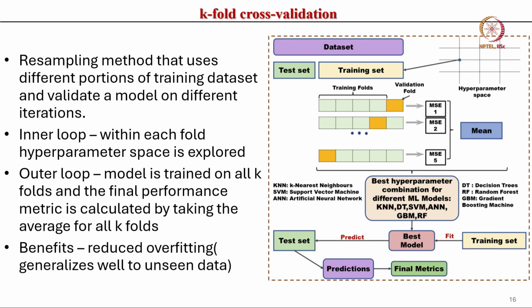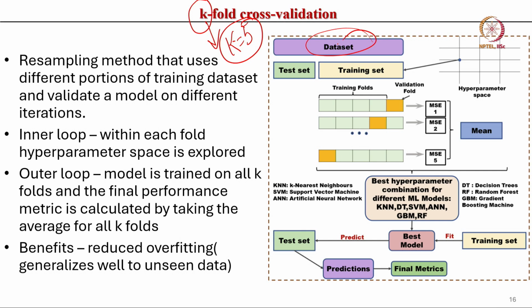Another concept that we have also shown is k-fold cross validation, and in one of the cases I mentioned earlier that the value of k is 5. Cross validation means you are validating and you are again cross validating.